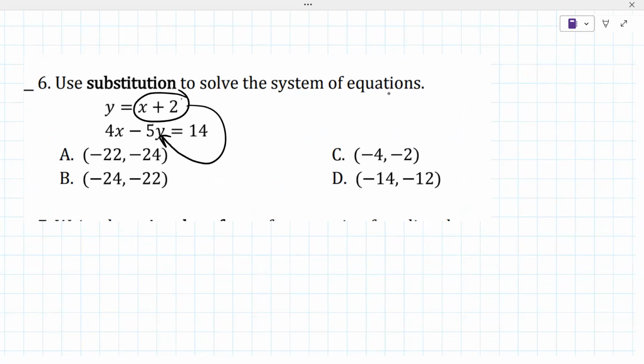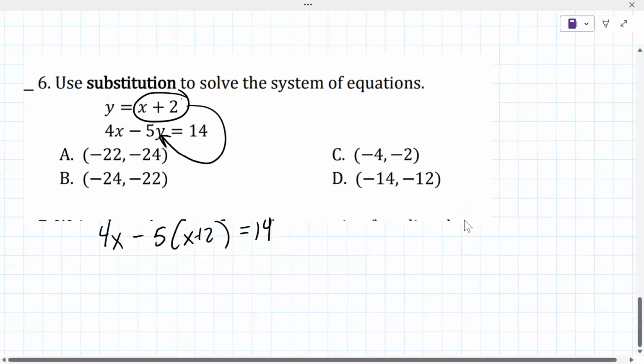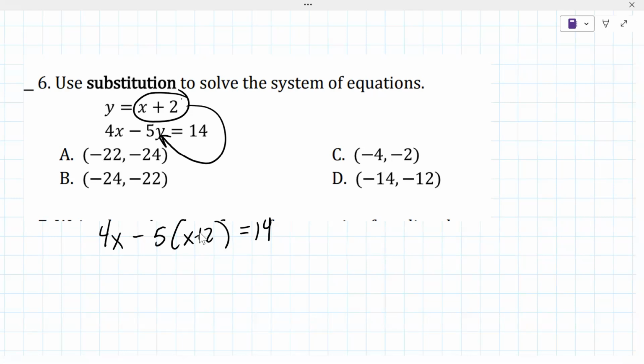So that becomes 4x minus 5 times x plus 2 equals 14. Now, what's a little bit different about this one, Frank, is that you're multiplying minus 5 times x and times 2. So what does that become when you multiply by minus 5?